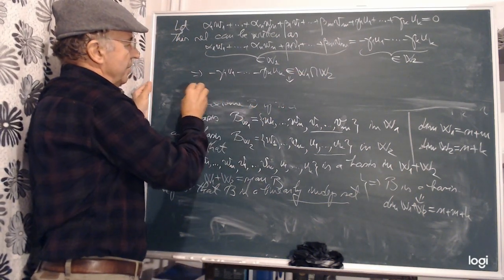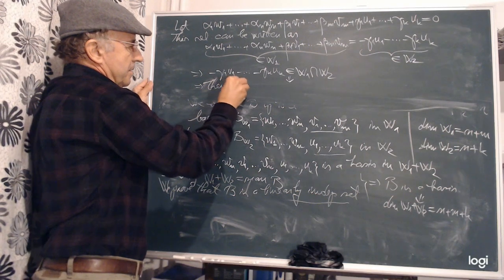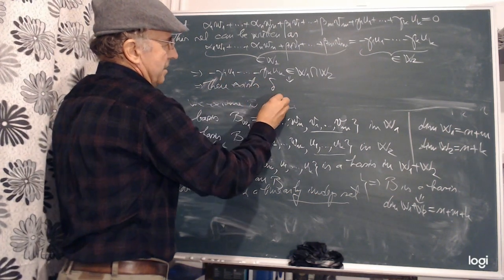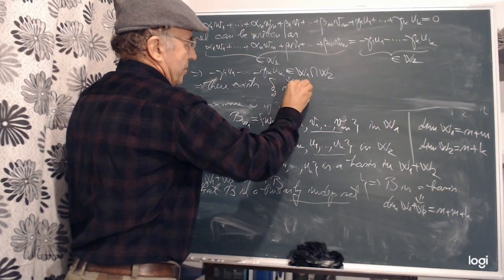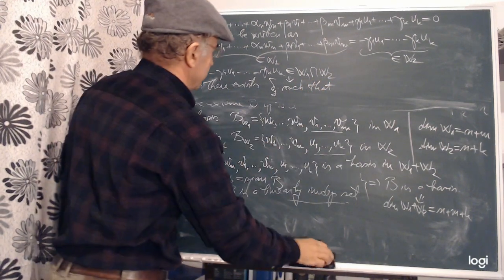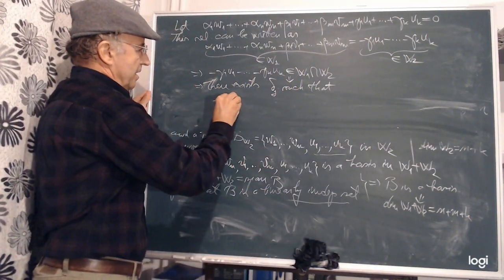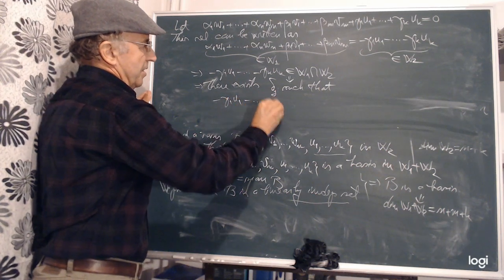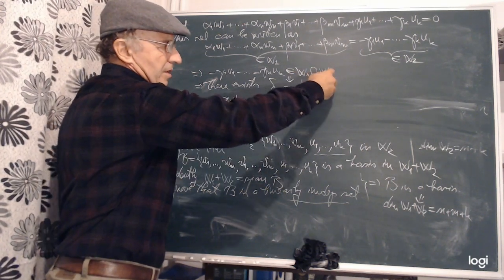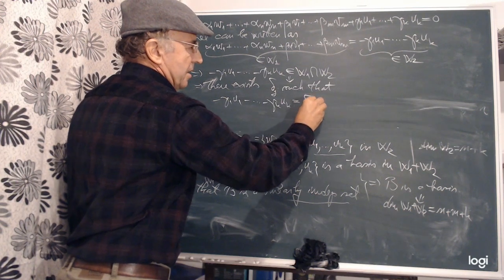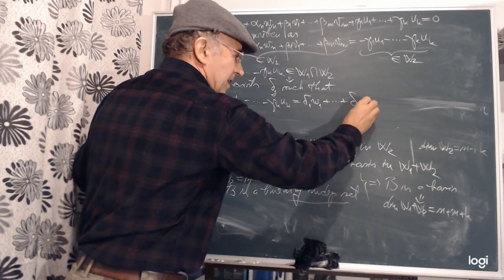From this we get that there exist delta j such that this vector minus gamma 1 u1 minus gamma k uk, as a linear combination of the vectors of the basis, will be delta 1 w1 plus up to delta n wn.